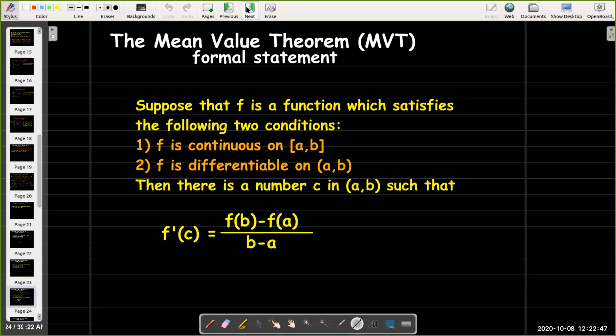Then there's a number c in the open interval AB such that f prime of c equals the difference quotient f of b minus f of a all over b minus a. And we'll recognize that f prime of c, that's the slope of the tangent line, and f of b minus f of a all over b minus a is the slope of the secant line.